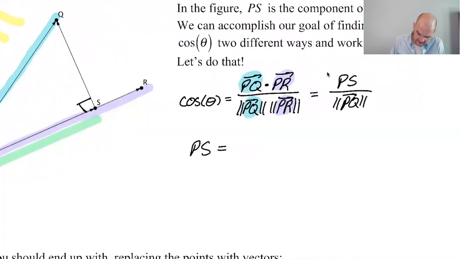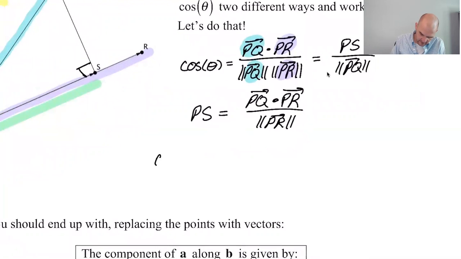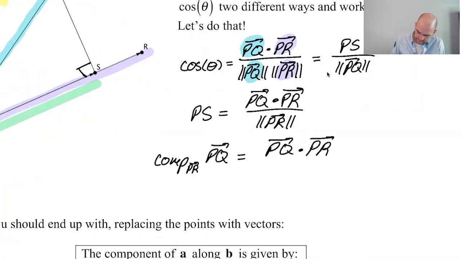So PS is going to be PQ dot PR over the magnitude of PR. So the component of PQ along PR is PQ dot PR over the magnitude of PR.